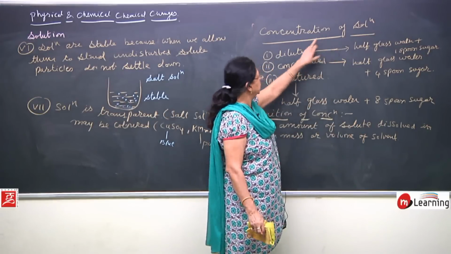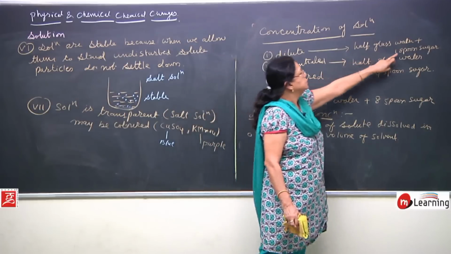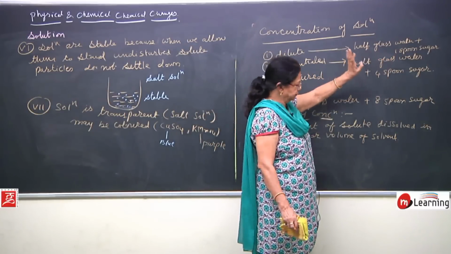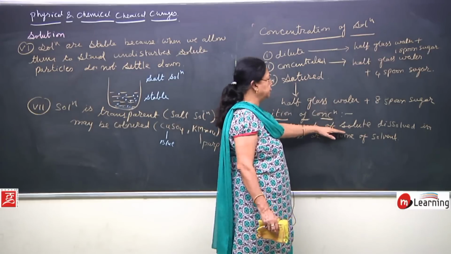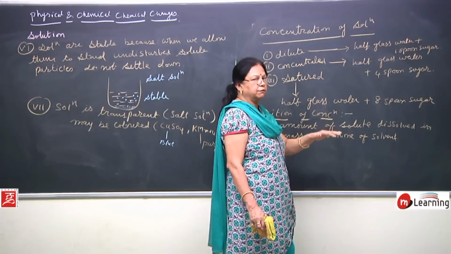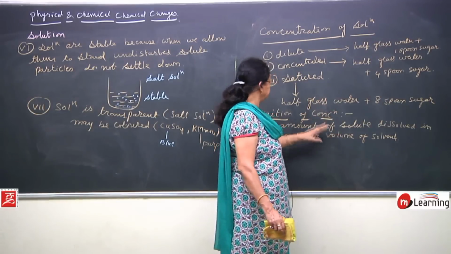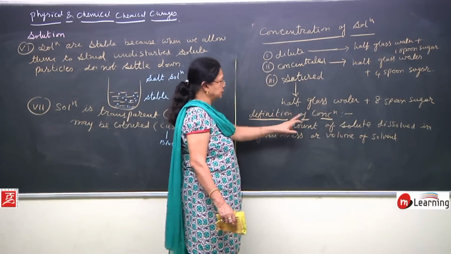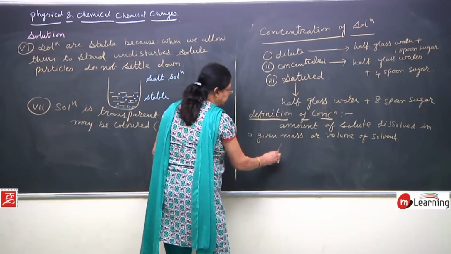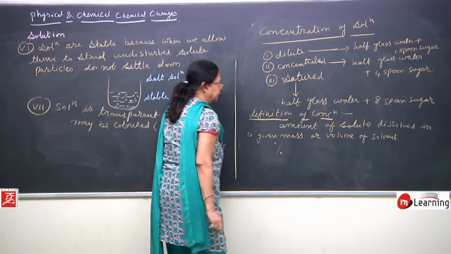Here solute is what? Sugar, and solvent is what? Water. So, amount of sugar dissolved in the given mass of water or given volume of water will be called concentration, and we usually represent it by percent, right.